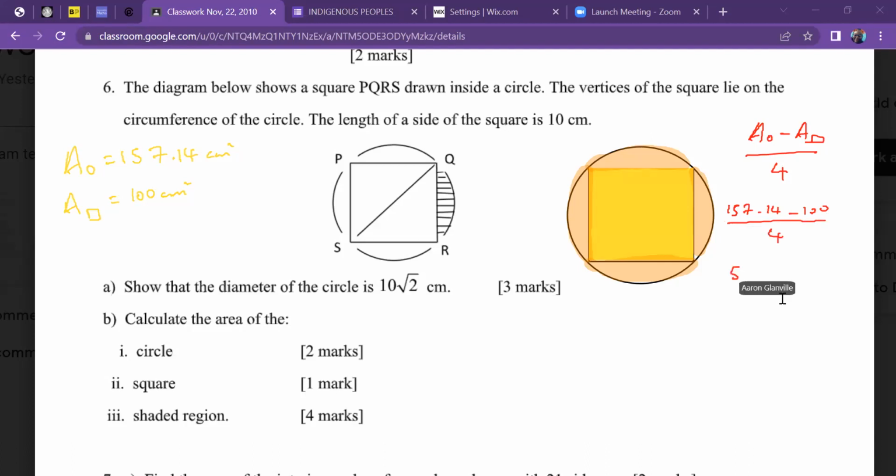That is 57.14 over 4, which is equal to the area of the shaded region: 14.285 centimeters squared.